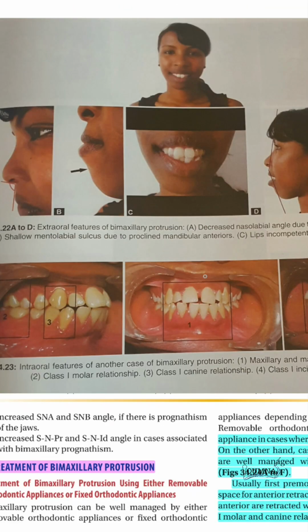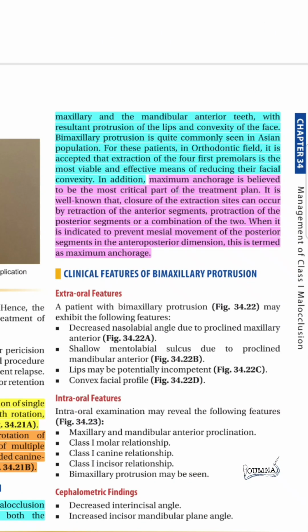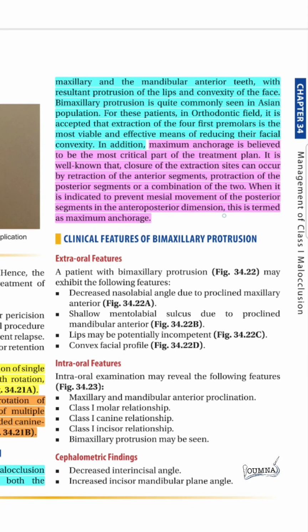What is important to consider is that in these cases, the molar is a Class 1 relationship, the canine is Class 1. We treat these cases by extraction of the 4 first premolars, where we need the maximum anchorage. In these cases, we retract the anterior segment or protract the posterior segments or do a combination of the two.